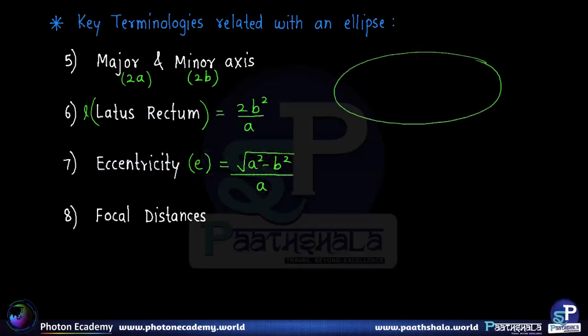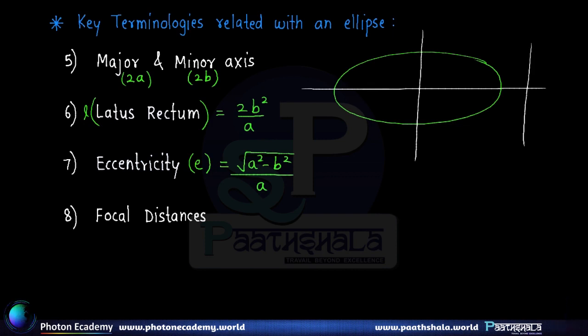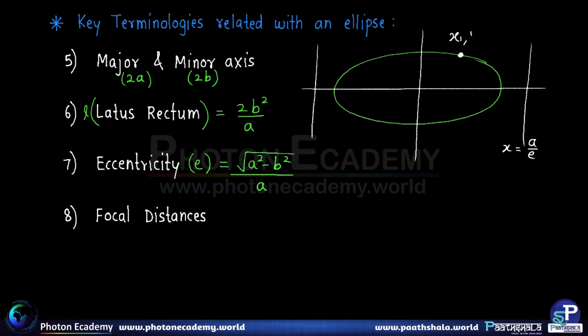Suppose we have an ellipse here, this is the axis and these are the directrices, x is equal to a by e. Now let's consider some generic point, let's call it x1, y1, and these are the foci, a comma 0 and minus a comma 0.